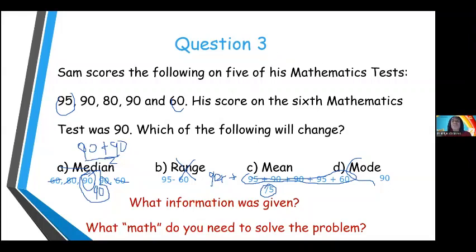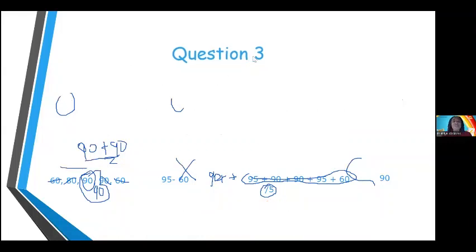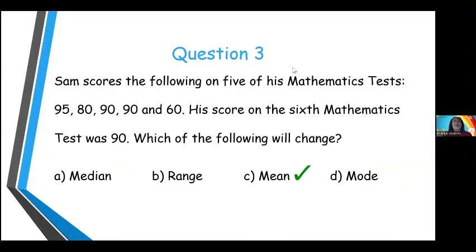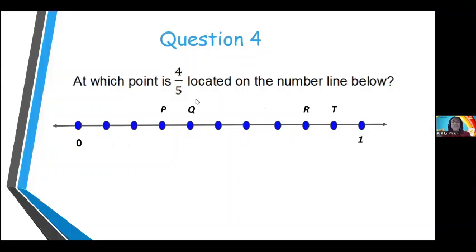Yes, and reason quantitatively to help you through the process of arriving at your answer. From that, we are seeing that the mean is the one that will change. Thank you so much, Jonathan. I could use Jonathan as an assistant teacher. You did very well with that.